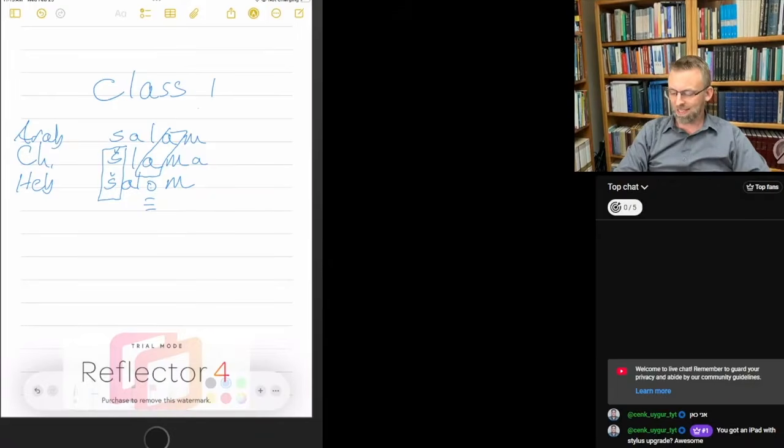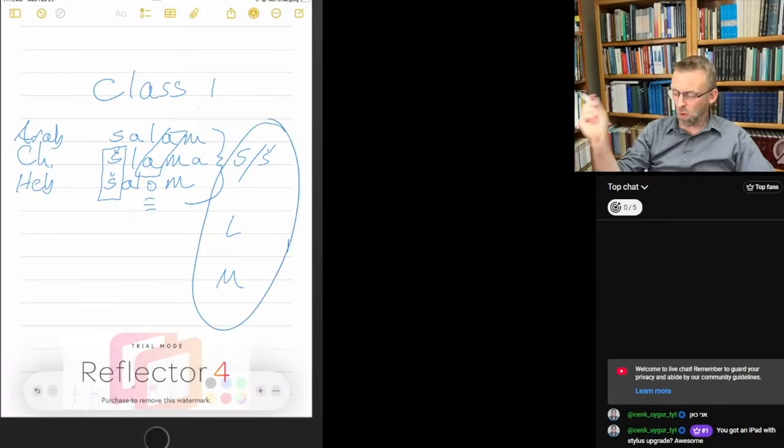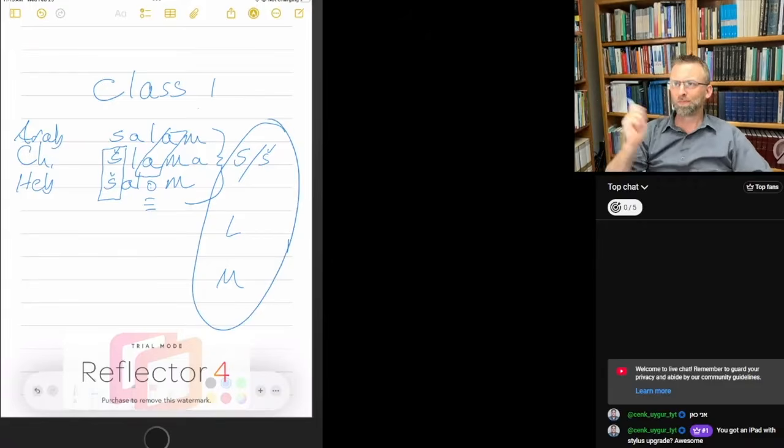But all that to say, what these three languages have in common is that they have a sibilant, an S-type letter, S's and Z's and sheens and all that, an L and an M. And so they're all built on the same root. Okay? They're all built on the same root.